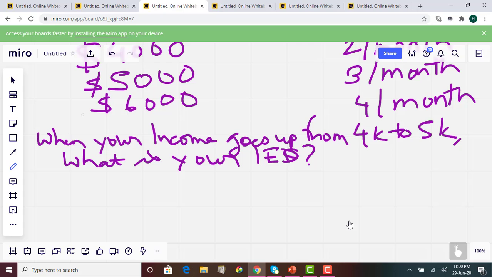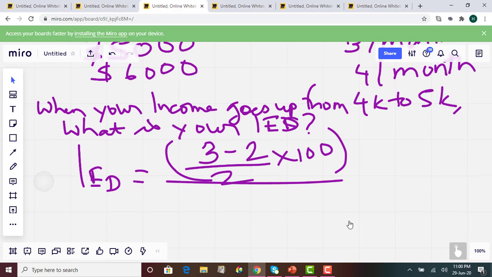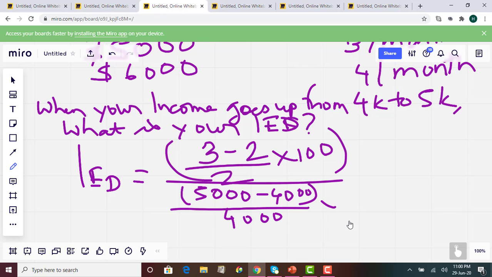Okay, same way we will do it. Income elasticity of demand is percentage change in quantity demanded. So after 5,000 you will watch 3 movies, before you were watching 2 movies, so that's (3 minus 2) divided by 2 times 100, the numerator, divided by percentage change in income, 5,000 minus 4,000 divided by 4,000 times 100.